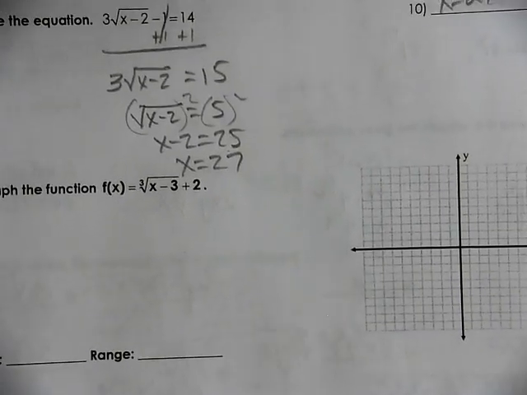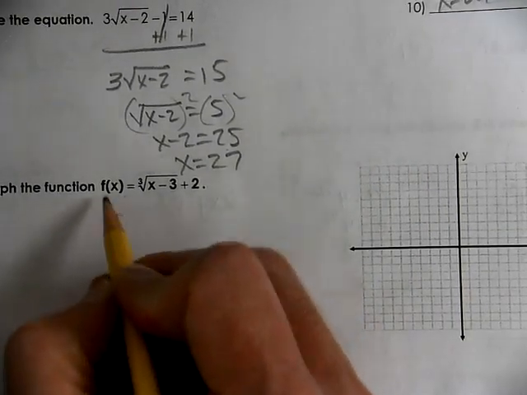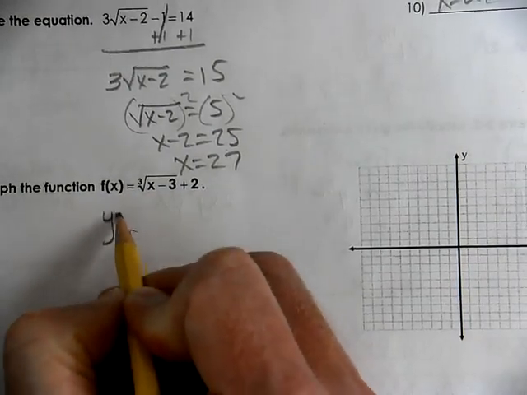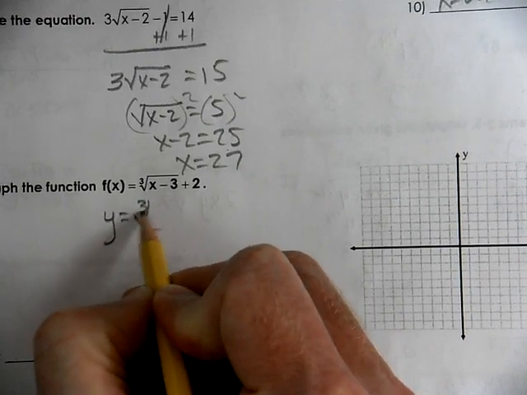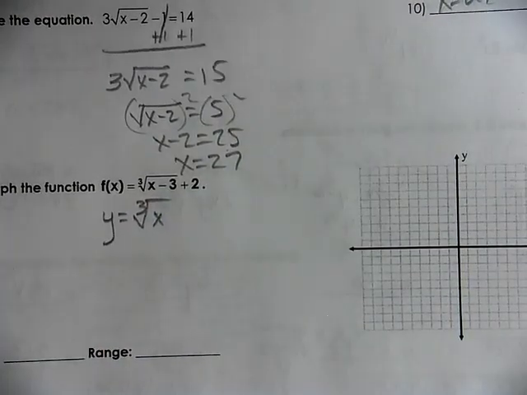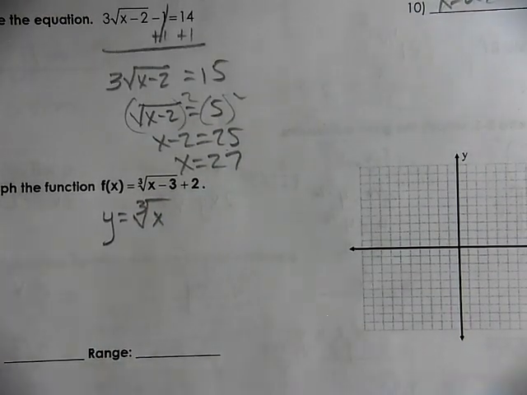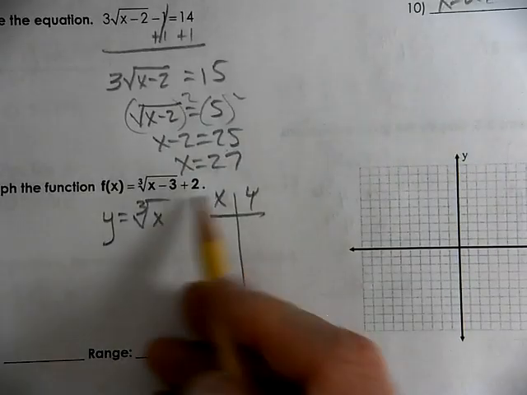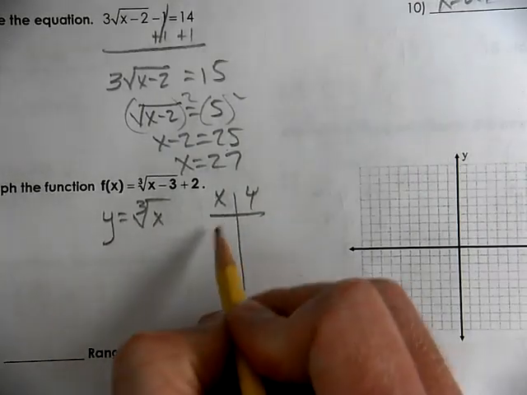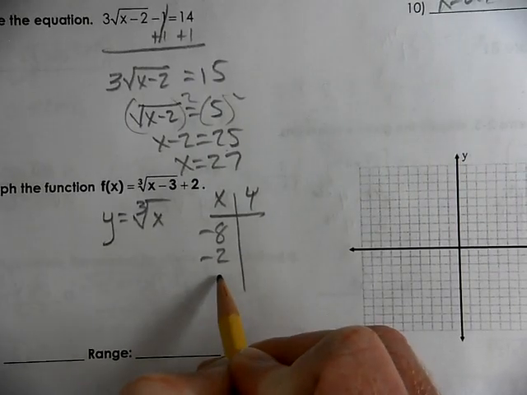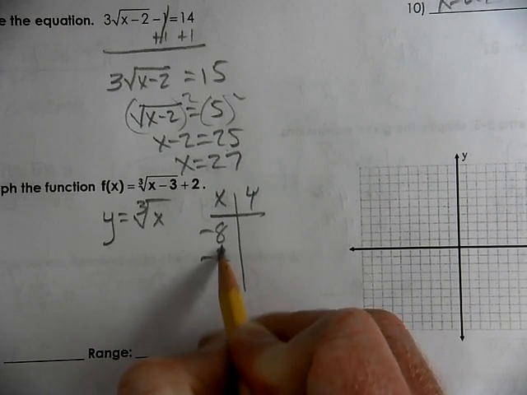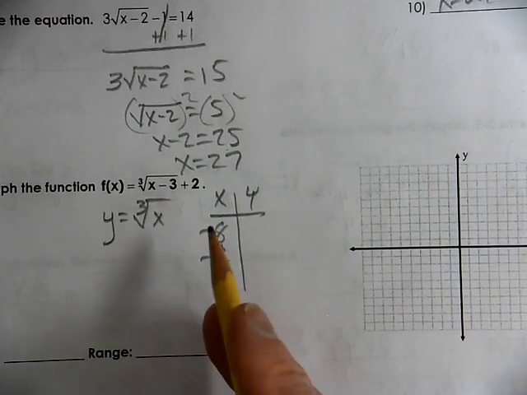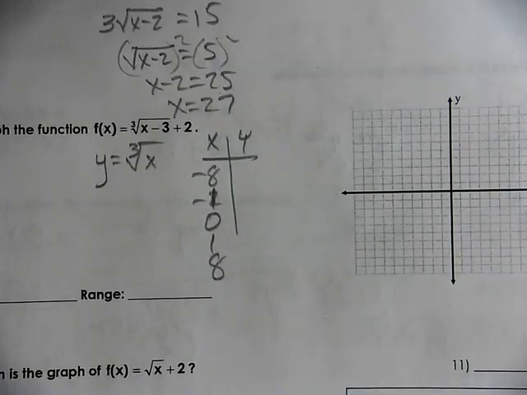Graphing. In graphing, we're not going to really just go straight to this graph. You're going to start out graphing the cubed root of x. Well, you typically make a table of the parent function and the type of numbers you want a cubed root. Are -8, -1, 0, 1, and 8.